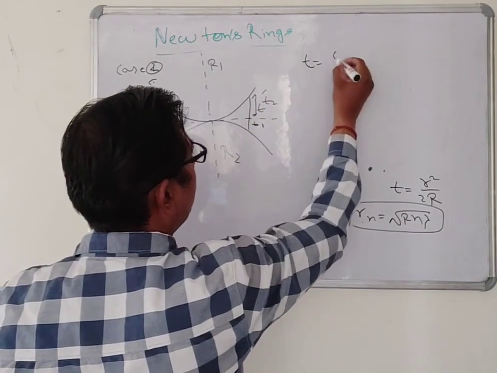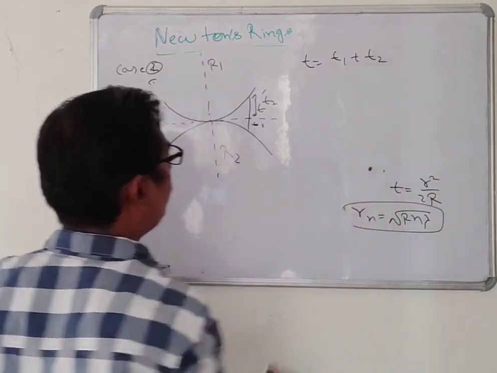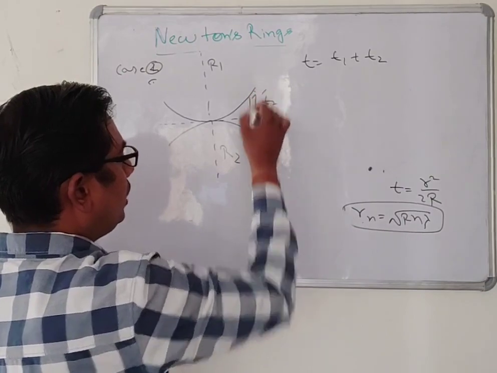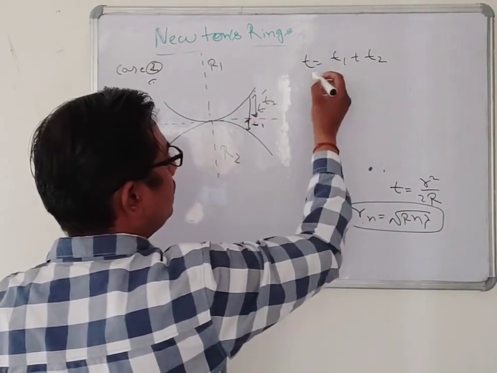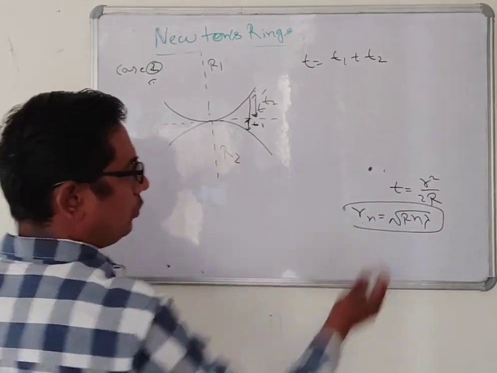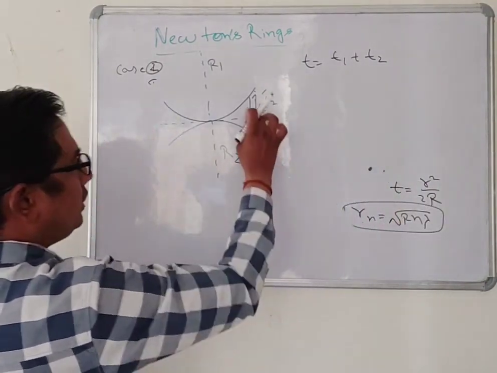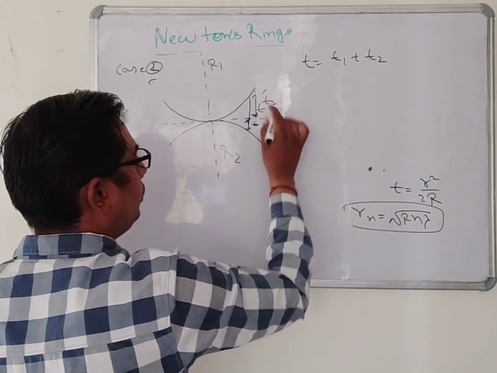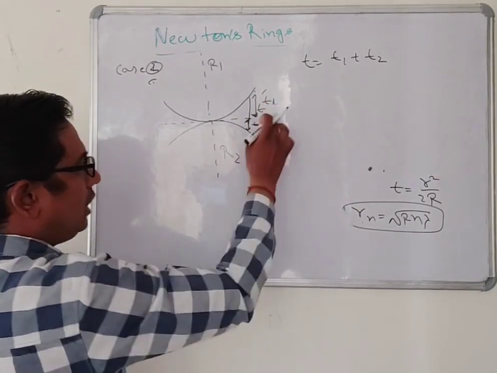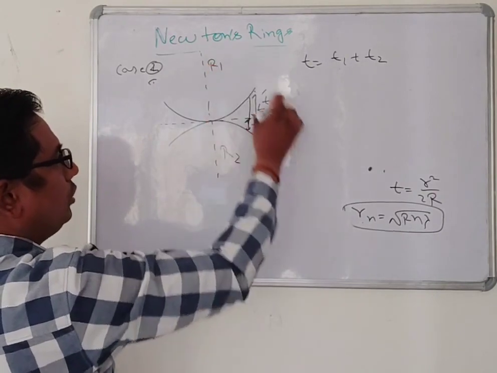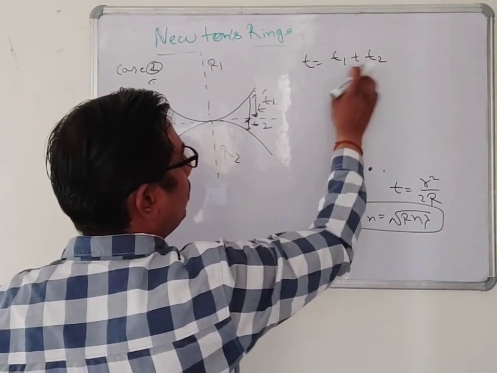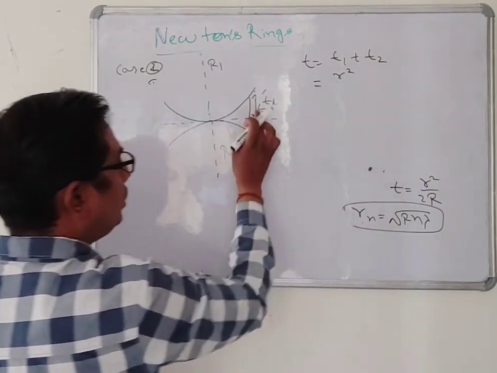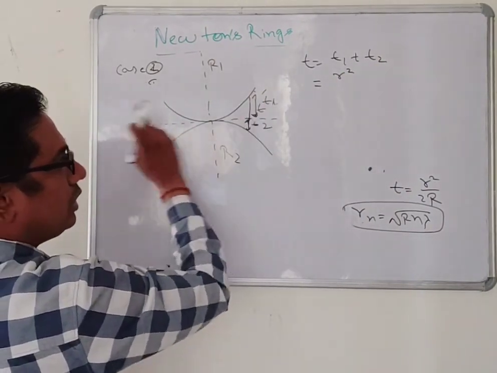Now T is equal to T1 plus T2. The value of T1 is from here to here, T2 is from here to here, and the sum total T is T1 plus T2. Here is T2, here is T1, because here I am using R2 and here I am using R1. The value of T is R square, because R is the same radius of curvature.